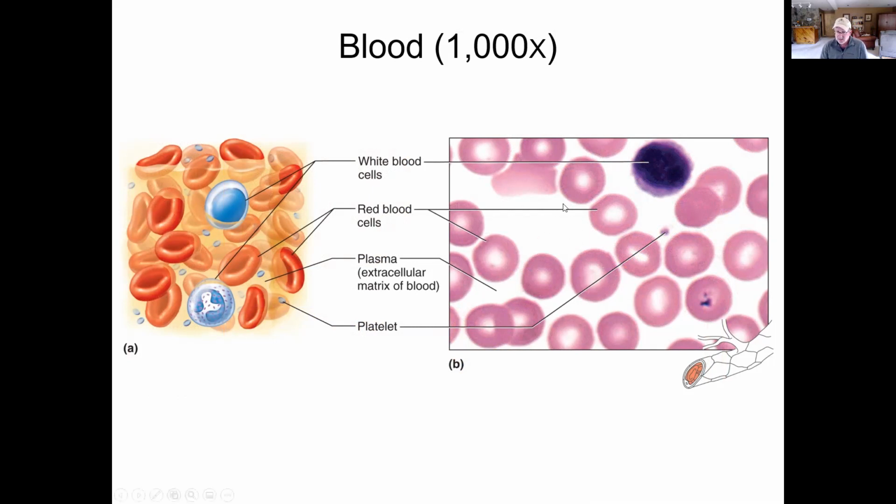This extracellular matrix plasma bathes the blood cells. It's outside the cells, it's extracellular. And in terms of the primary cell types, I think you all know the three basic cell types of blood, I hope you do. Red blood cells, white blood cells, and platelets.